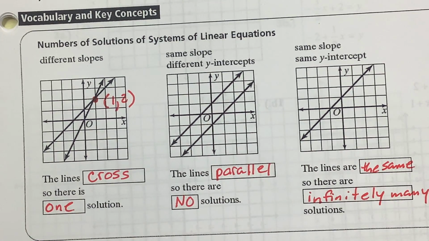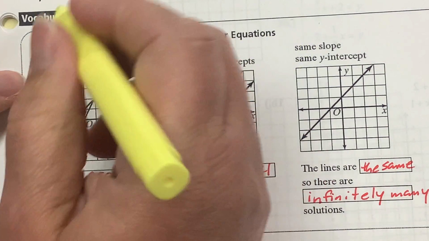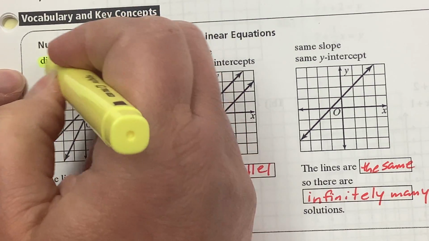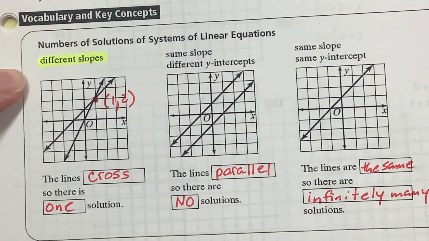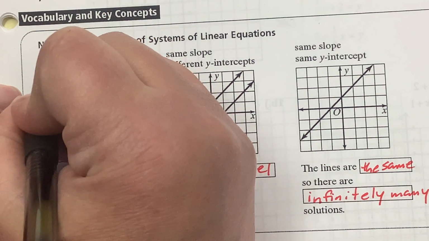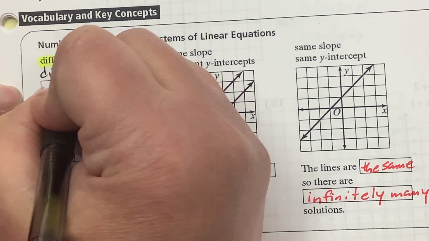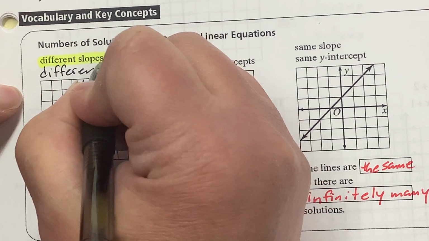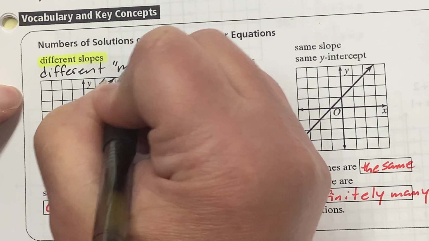All right, now I want to go back up to the top. You can usually tell before you graph the equations whether you're going to have one solution, no solutions, or infinitely many solutions. Remember, if they have different slopes, so what does that mean? Think all the way back. That means different m's.